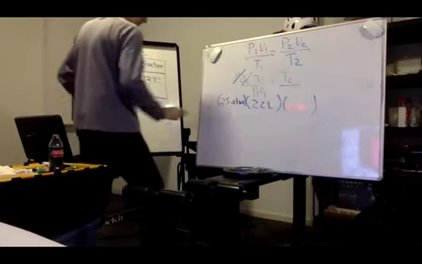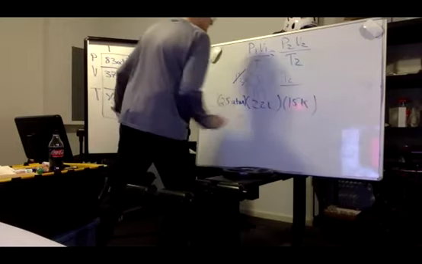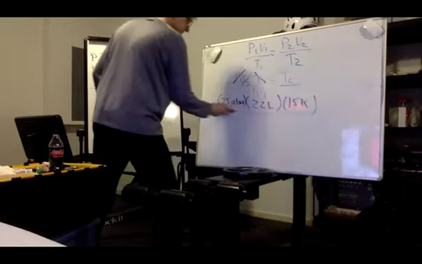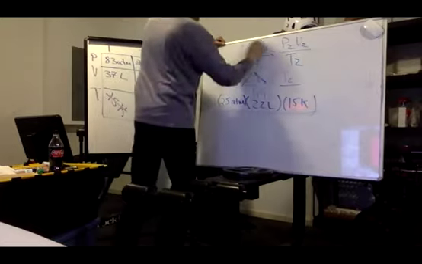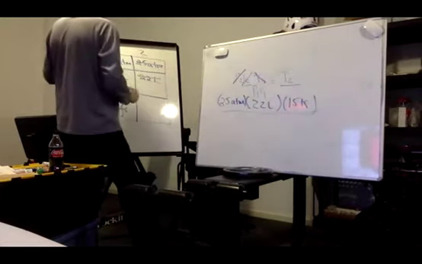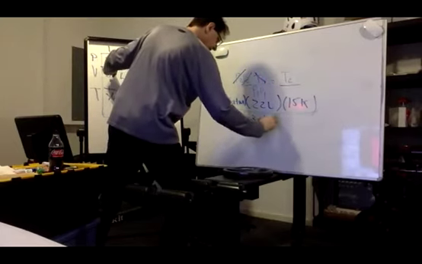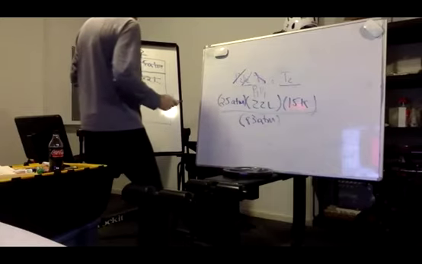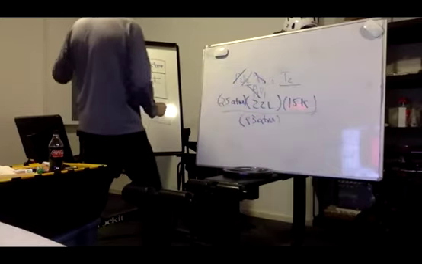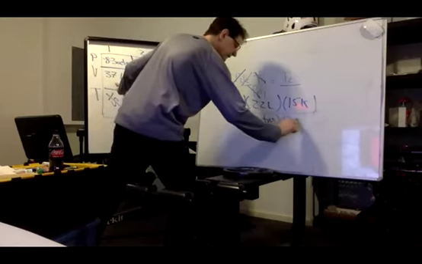T1, 15K. P1, 83 atmospheres. Units, right? And V1, 37 liters.